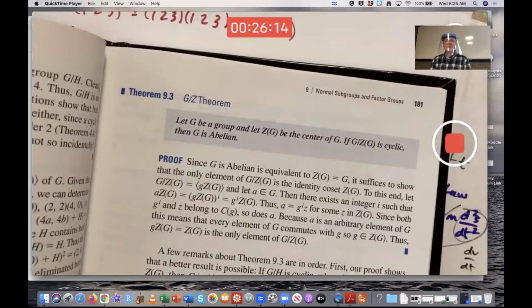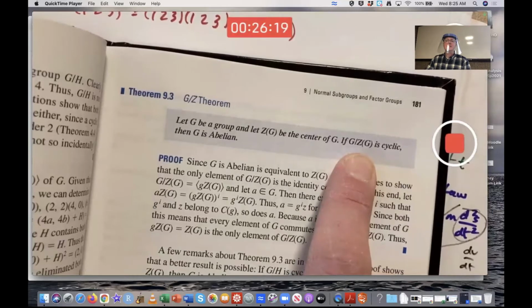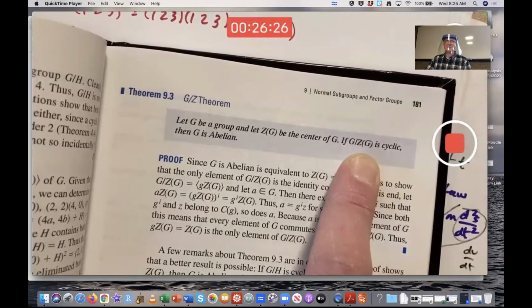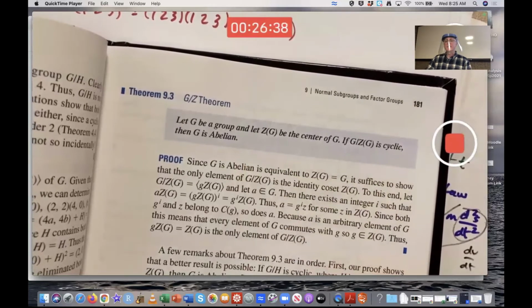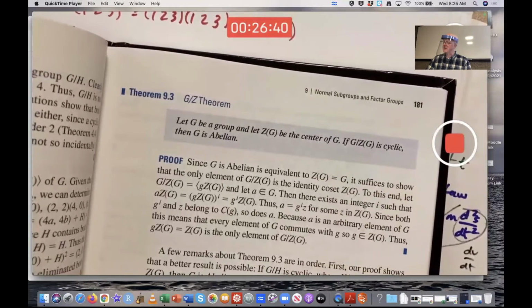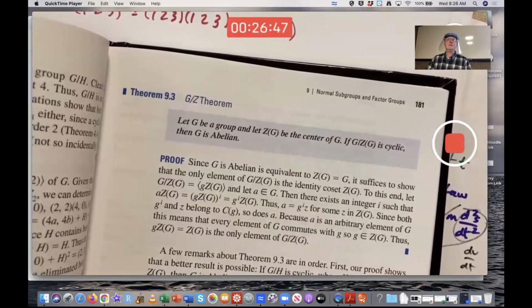This doesn't have much meaning when you look at it at the moment. Like, what in the world is that? I see G, I see Z of G, but why am I dividing G by Z of G? That's not been defined yet. It's called a factor group, but we won't get there until after exam 1. It's a fairly useful theorem in some situations, to conclude that a group is abelian, maybe for some reason you can't conclude it any other way.